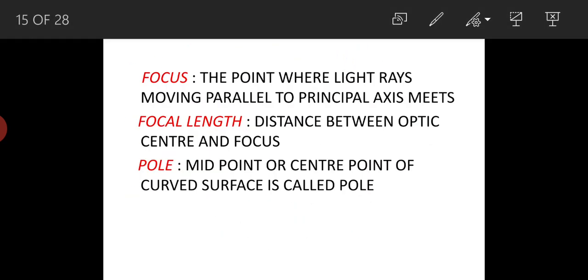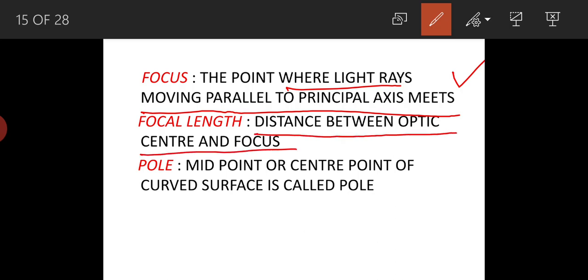Next one is focus, the point where light rays moving parallel to the principal axis meet. Focal length is the distance between optic center and focus. And pole is nothing but, if you take a lens, it consists of two curved surfaces.